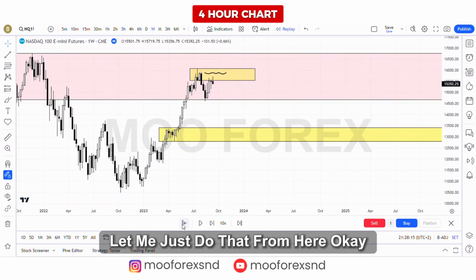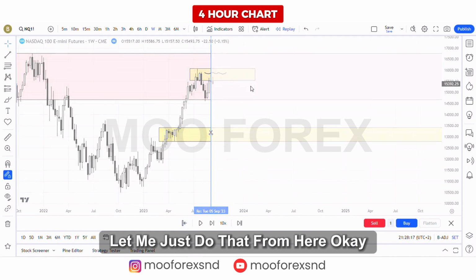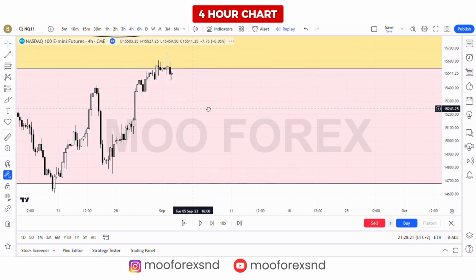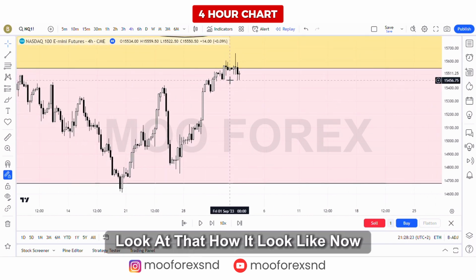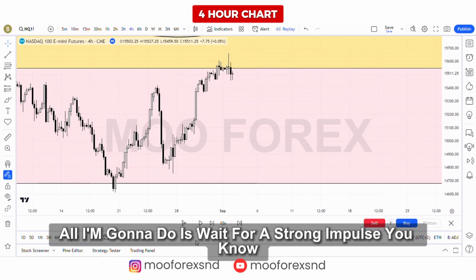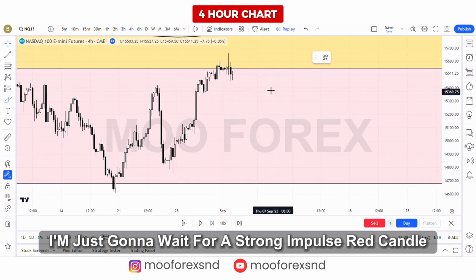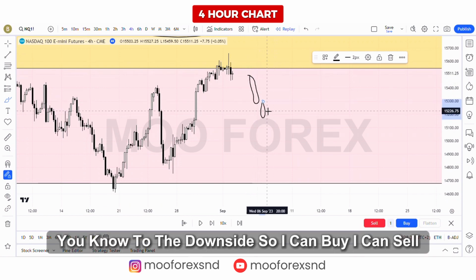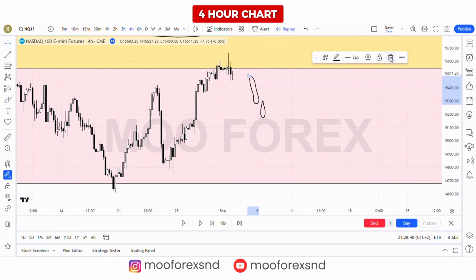Okay, that's how it looked. Now all I'm going to do is wait for a strong impulse, a red candle to the downside, so I can sell the market.